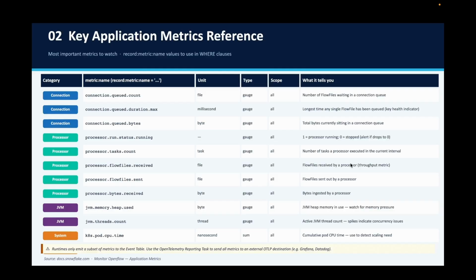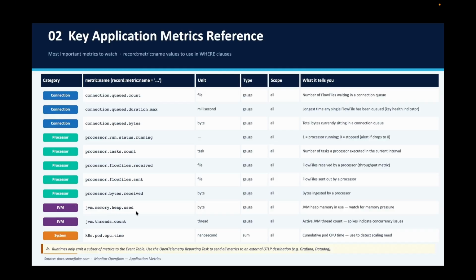Everything that we see here is good for observability. You can leverage these metrics to send alerts or create dashboards. We have JVM and system as one of the categories.